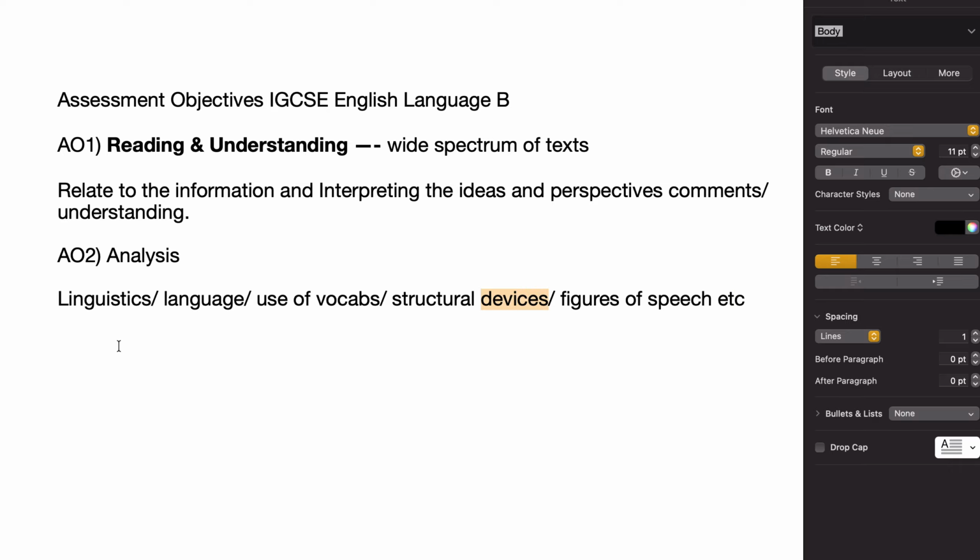Devices are very important. This is the main thing the writer is going to be using throughout his text, and you're going to be scooping those devices out and describing them, why he used it, how he used it, and what effect he achieves from using that.